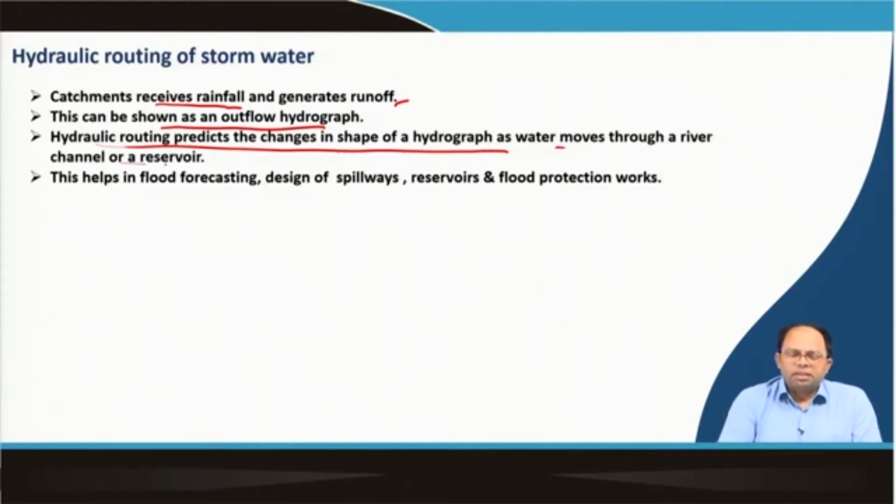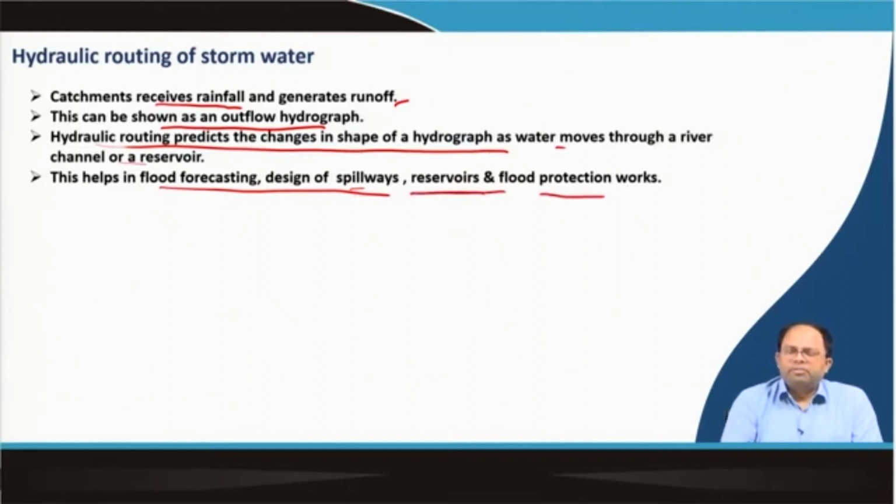That means hydraulic routing is the prediction of what amount of water will come to the particular point we are considering, and then based on that, what the hydrograph would be. That means the cumulative amount of water that comes to that point over time. So, this helps in forecasting for the design of spillways. Spillways are water channels through which stormwater is taken out, reservoirs, and flood protection works.